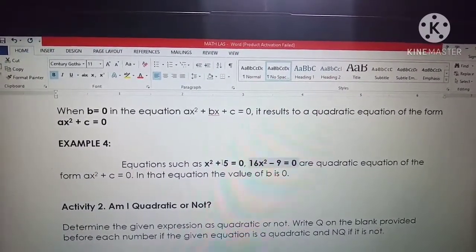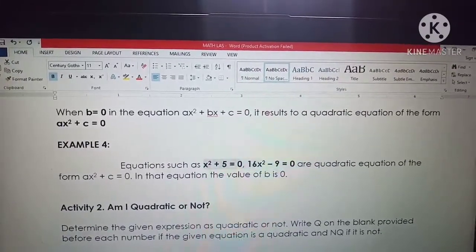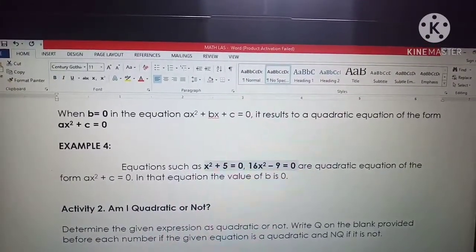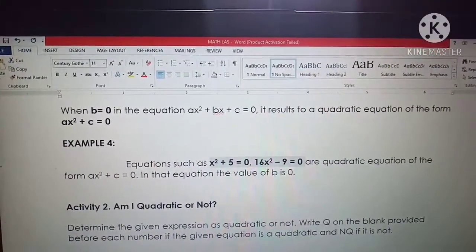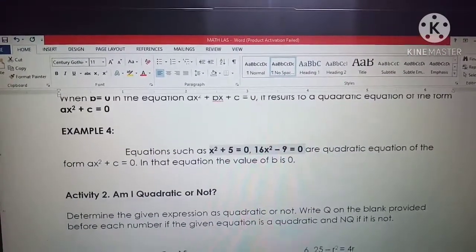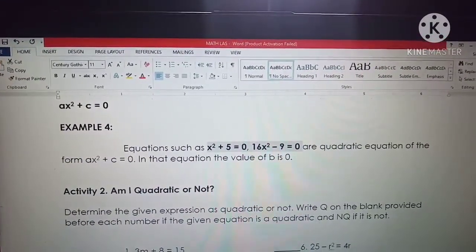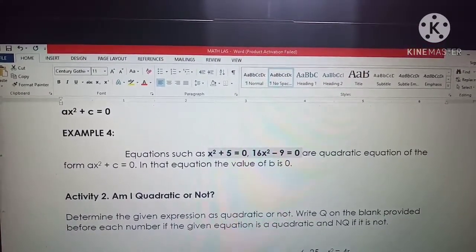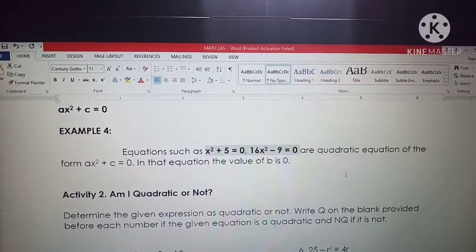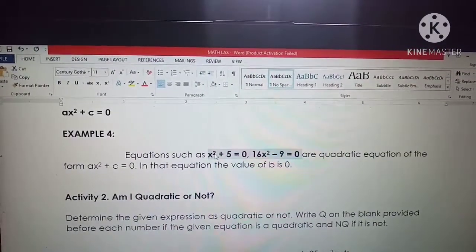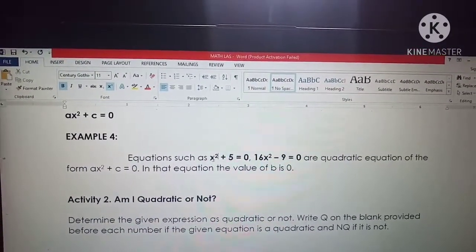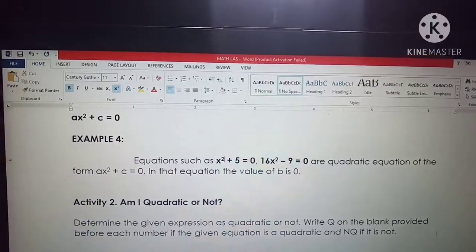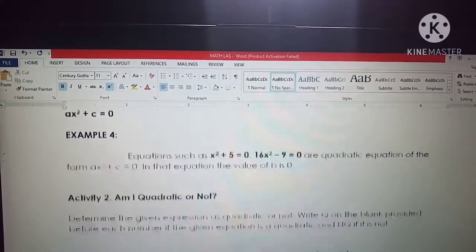So, in this equation, yung value ni B ay 0. So, okay lang. So, matatawag pa rin natin quadratic equation siya kahit missing or nawawala si B or yung linear term natin. So, yung hindi lang pwedeng mawala sa equation na ito ay si A. Kailangan laging present si A or yung quadratic term natin.